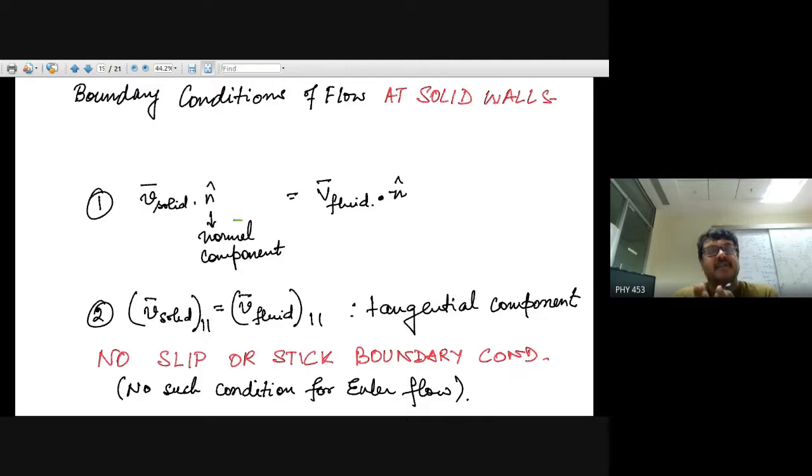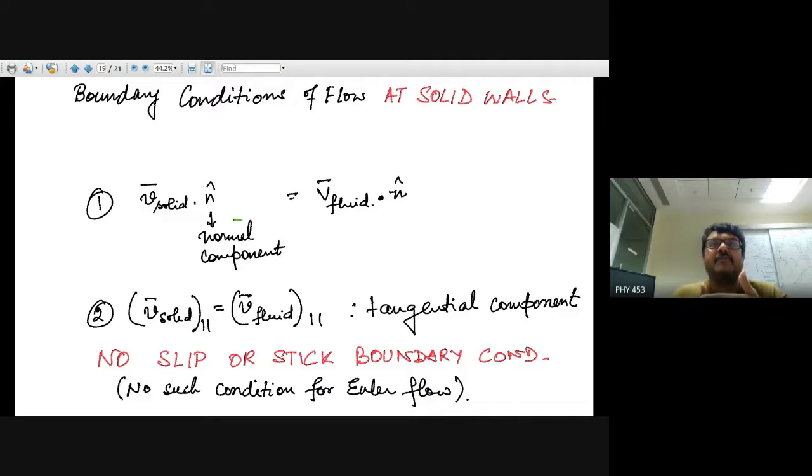We will consider right now only solid and fluid boundaries, because if there are fluid boundaries, there will be extra complication of surface tension. When two fluids flow past each other, there will be a surface tension difference, and that will add to the complication.